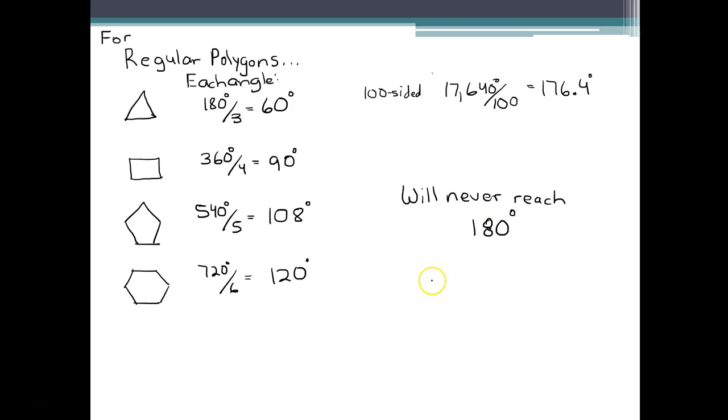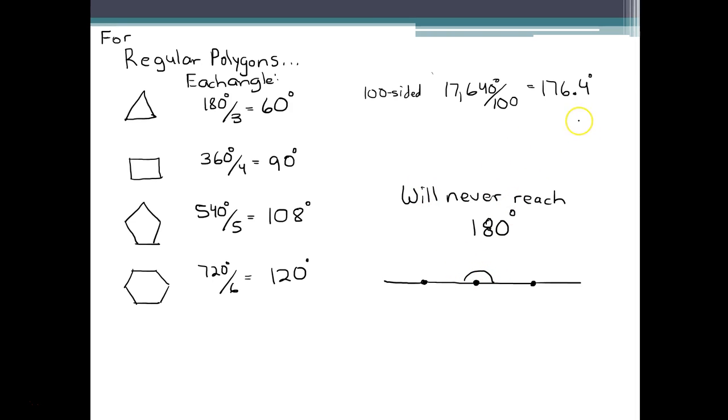Because if you think about it, 180 degrees would mean that the sides would have to make straight angles. And if you start trying to connect sides with straight angles, you're never going to make a polygon. You're never going to be able to close it in. If you keep going, it's just going to make a line segment, or eventually at infinity, it'll make a line.